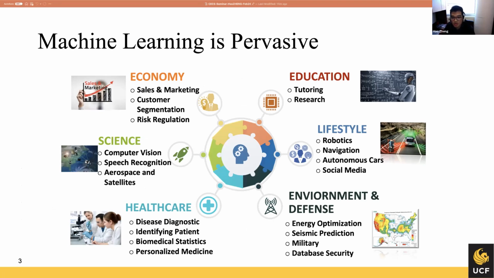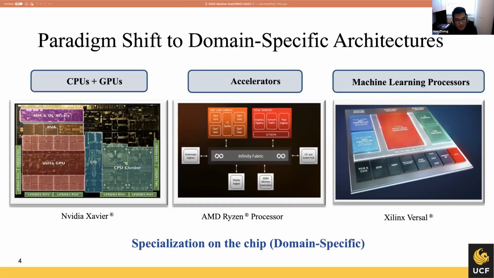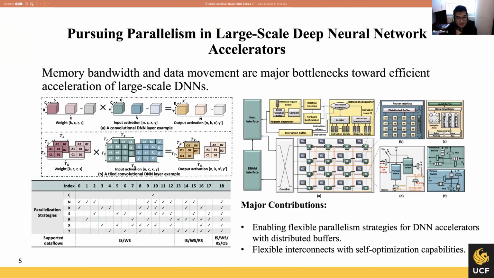Current general purpose processors are not efficient enough to handle those computations, and this motivates the entire society moving towards domain-specific architectures. In other words, we have to customize the chips, adapting to a given set of applications, therefore improving the performance and energy efficiencies. The following projects are related to this topic.